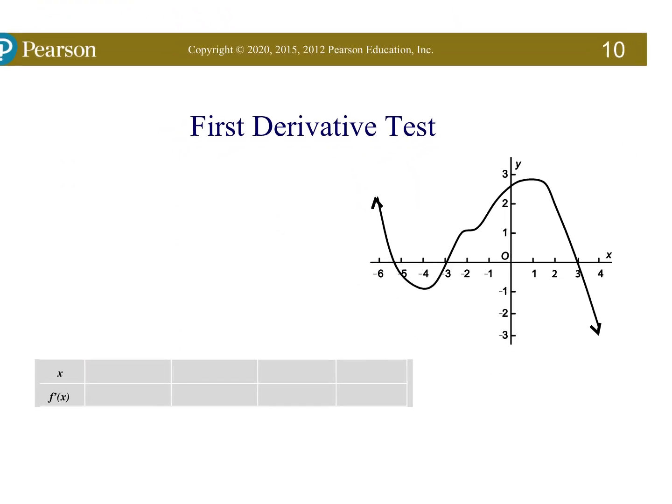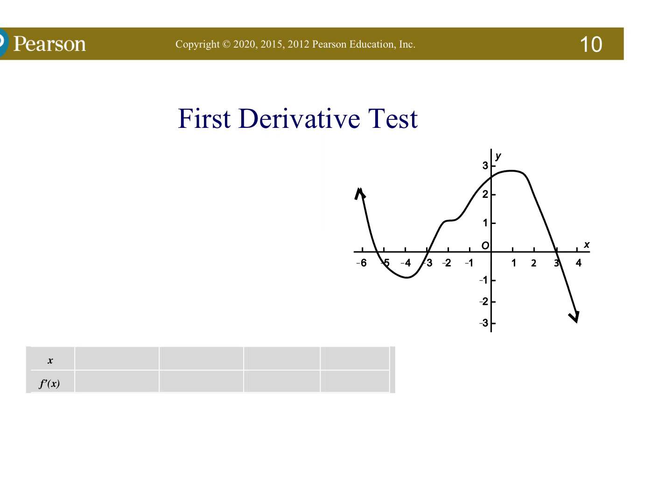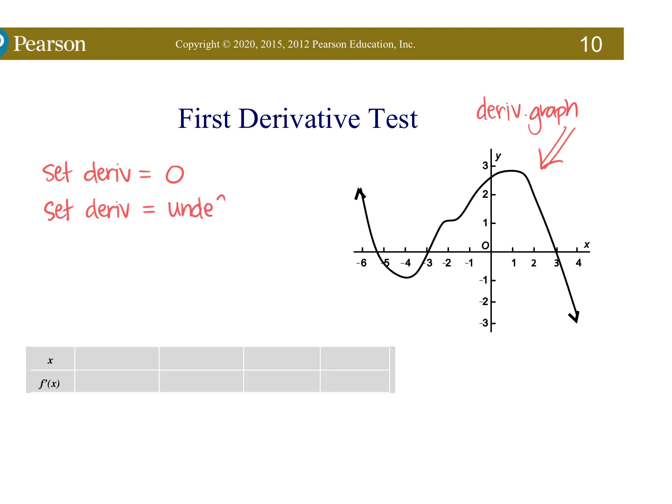All right, so here we go. Suppose this is a derivative graph, not a regular graph, a derivative graph. You want to set the derivative equal to 0, and you want to set the derivative equal to undefined, or 1 over 0.